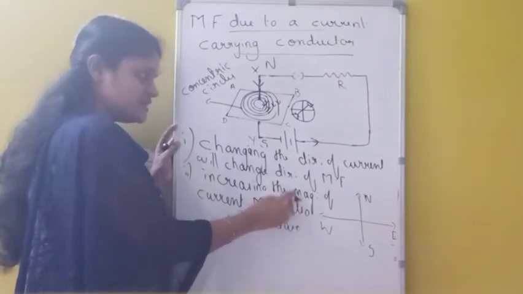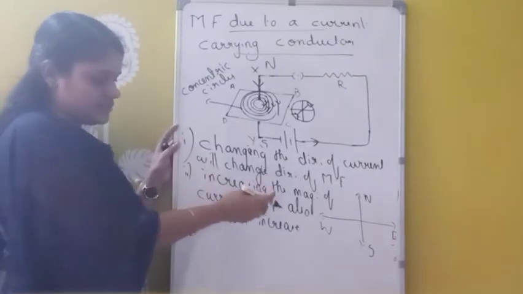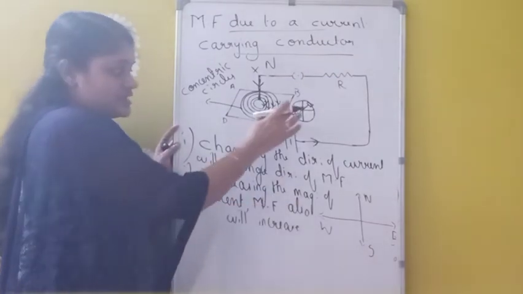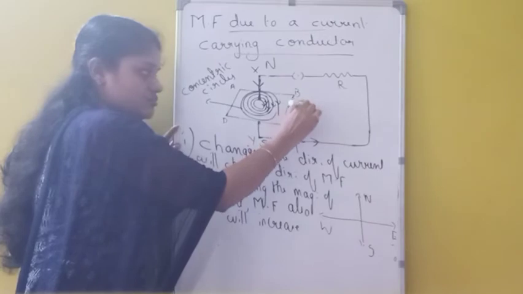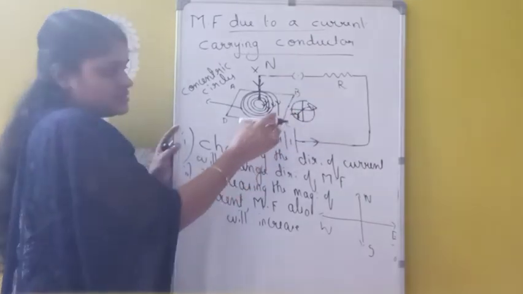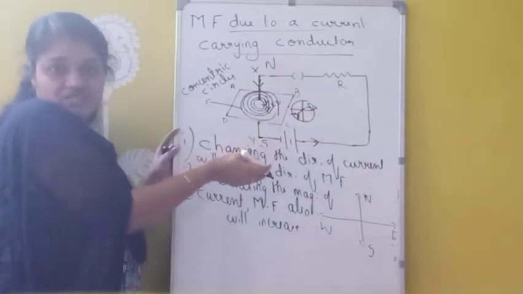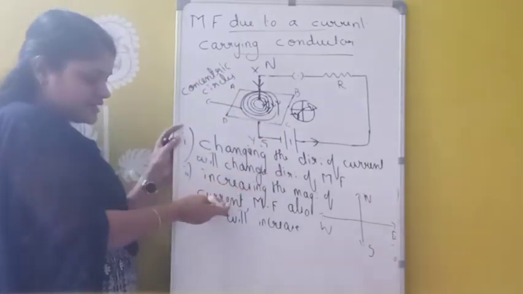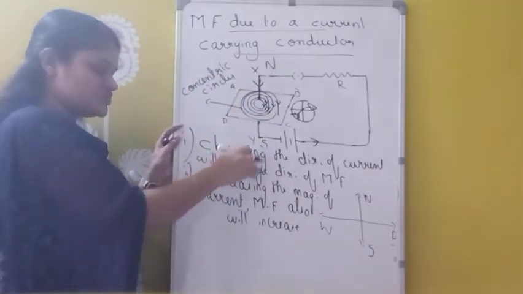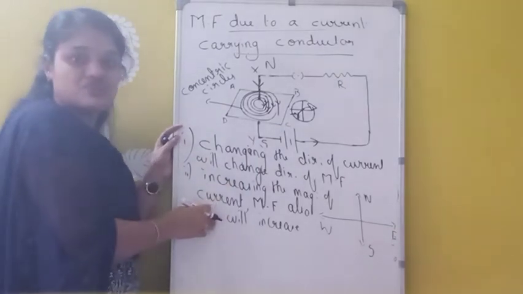If you increase the magnitude of current, the magnetic field increases. That means the deflection will be more. The needle will deflect more towards right or left. Whenever deflection is more, that shows there is more magnetic field. So by increasing the amount of current, we can increase the magnetic field.